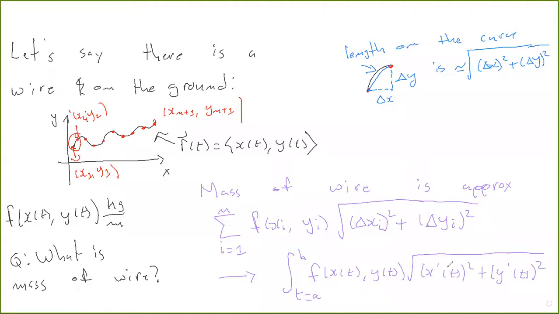Well, we know what all of this stuff is. f is just the function that we're given. x prime of t comes from the derivative of this. y prime of t comes from the derivative of that.